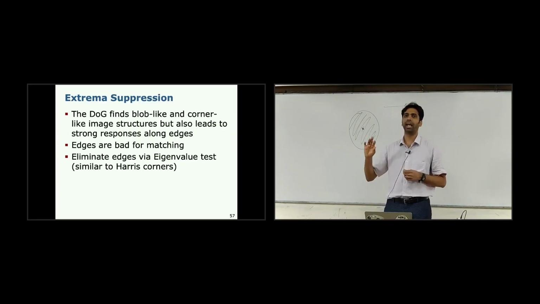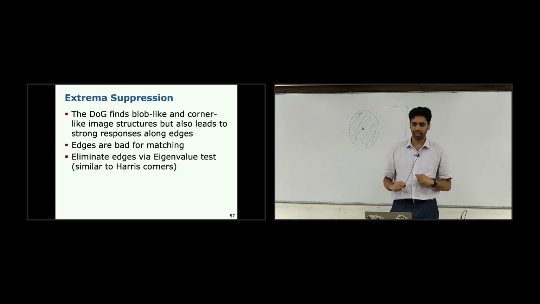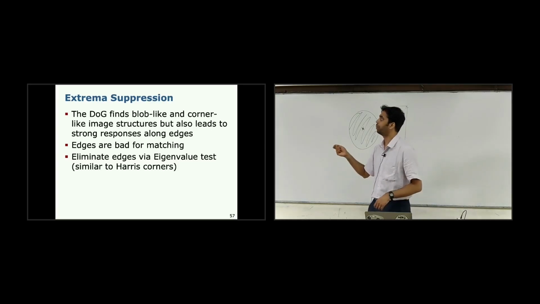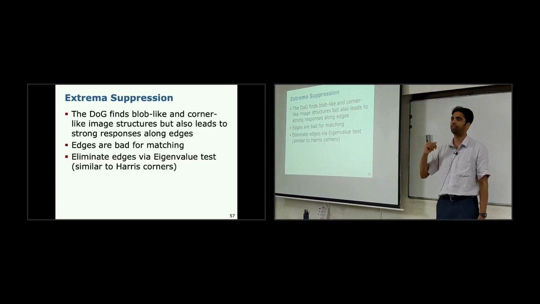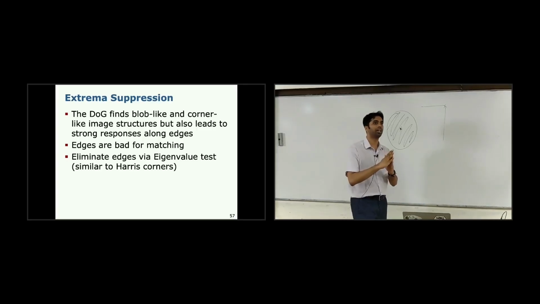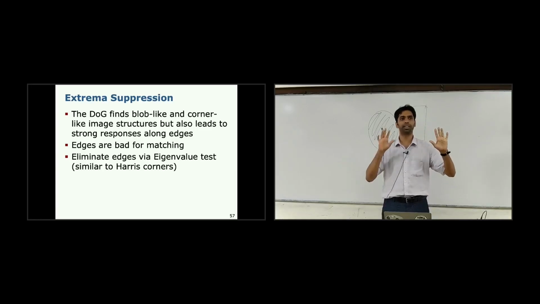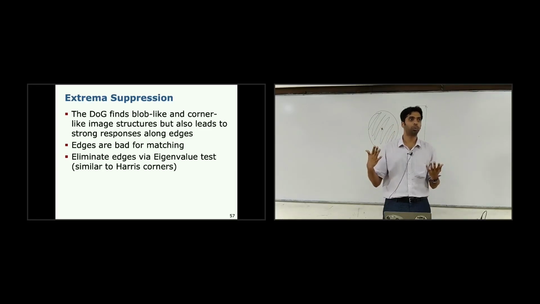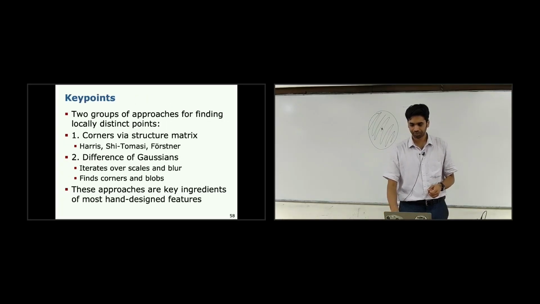You want to remove the edges. Edges are typically not very good for image matching, and you can remove them using the same test that we had before. We had the eigenvalue test that we used in the Harris detector. You could use a similar test to remove the edges, because the DOG filter will give you blobs, edges, and corners, and if you don't want edges, you need to remove them. So that's the operation that you do here.